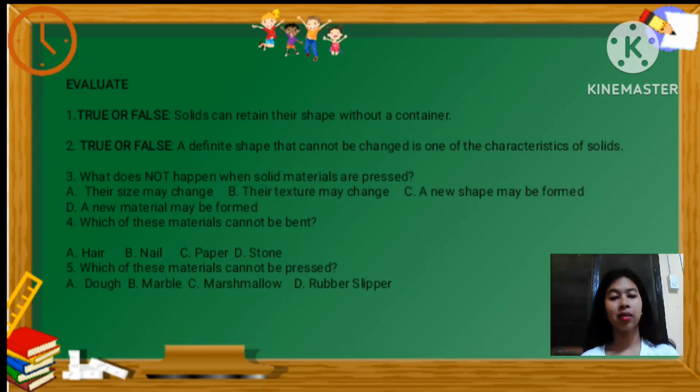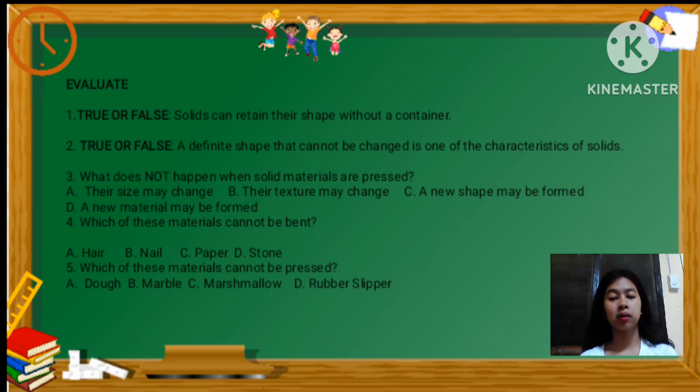Okay class, let's evaluate with these questions kung talagang nakuha natin ang ating discussion. Number 1, solid can retain their shape without a container. True or false? Who wants to answer? Okay, the answer is true. Number 2, a definite shape that cannot be changed is one of the characteristics of solids. Who wants to answer? Yes.